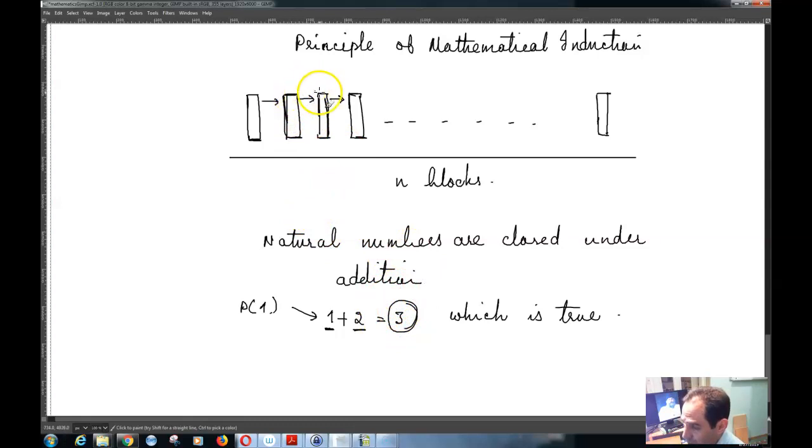Additionally, I need to show that as a result of each block falling over, the next block will inevitably fall over.